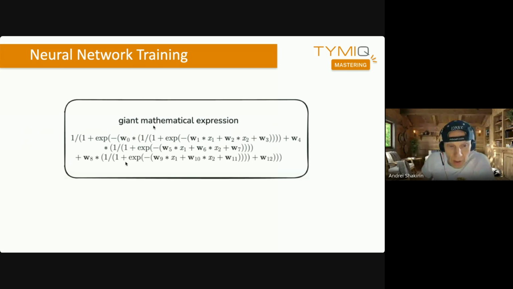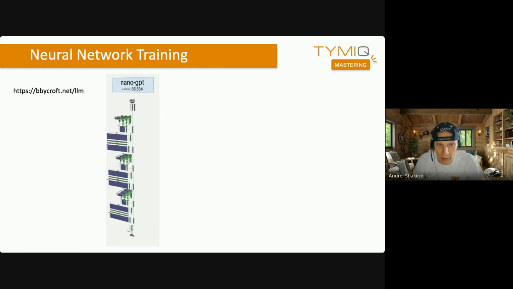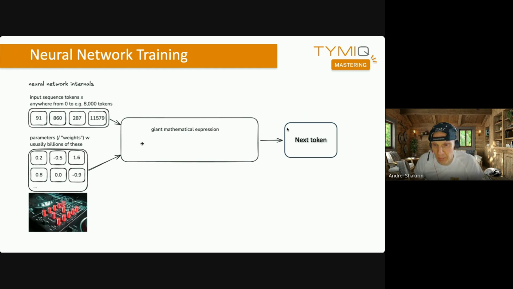Inside this equation you see the weights, all these coefficients, and X is our tokens, our context tokens. It somehow combines the weights and the tokens together, and as the output, it predicts the next token with some probabilities. That's basically how the model works.